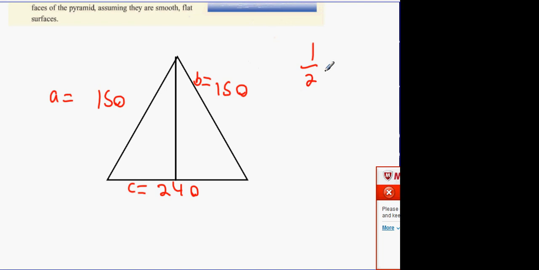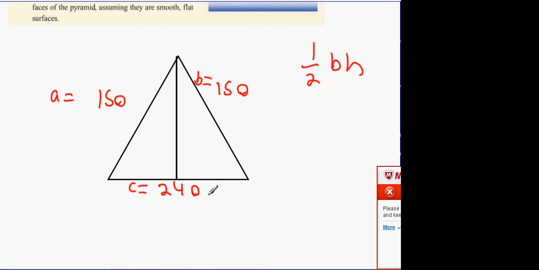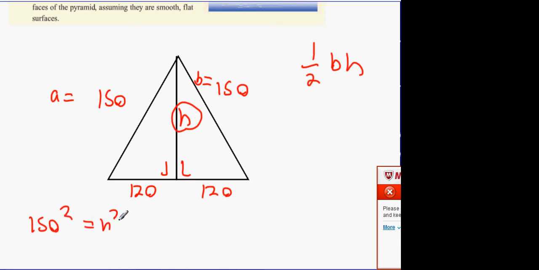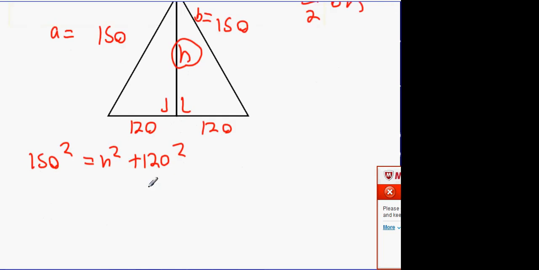They would have halved the C value of 240, splitting it into two right angle triangles, and used Pythagoras' theorem to find the height. So 150 squared equals height squared plus 120 squared. Can somebody in the calculator do 150 squared minus 120 squared?